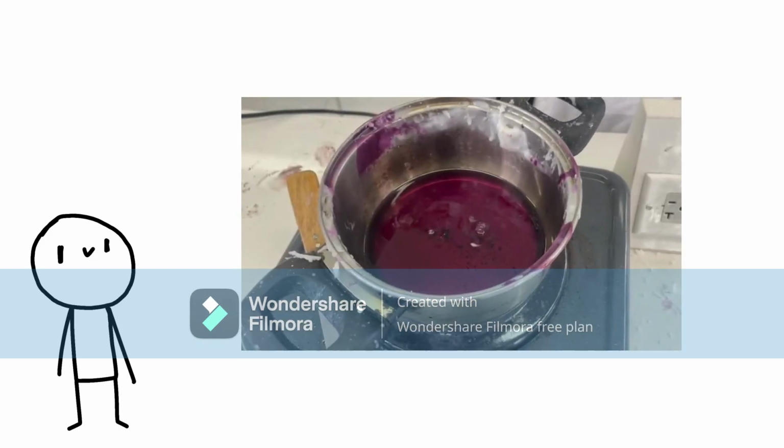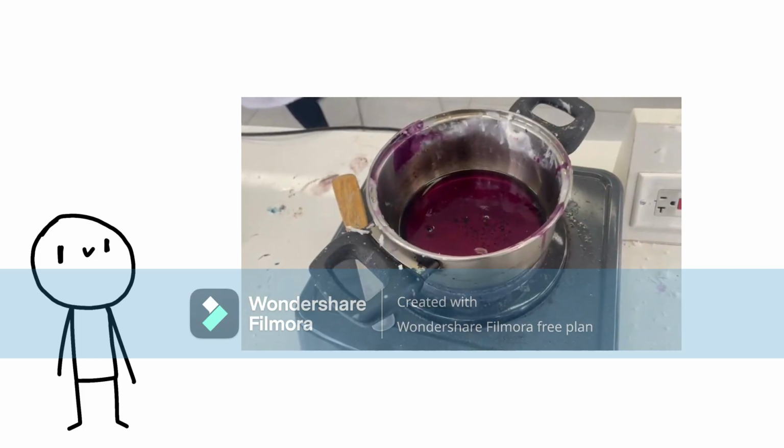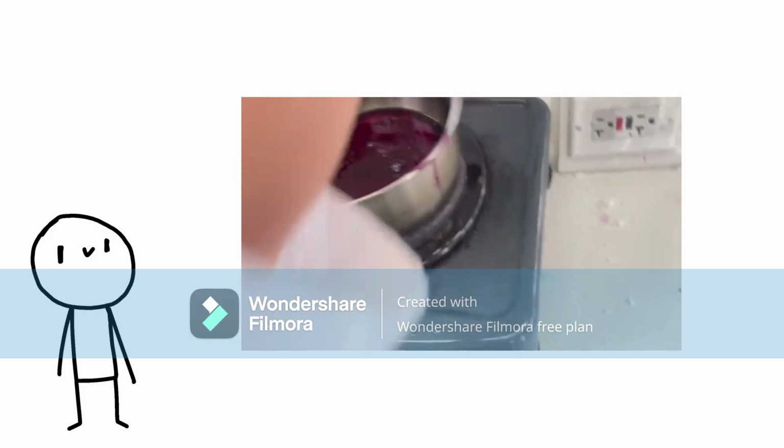And there are tips that make sure you have everything ready for the making process to be smoother. So next we are gonna see how the candle is made.